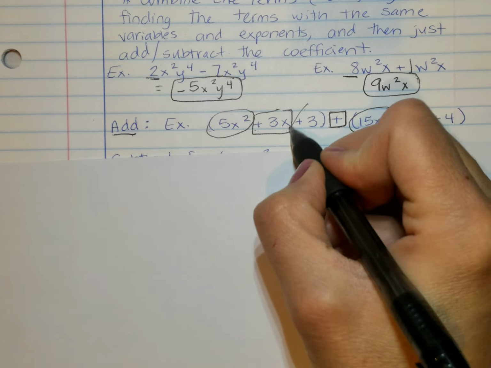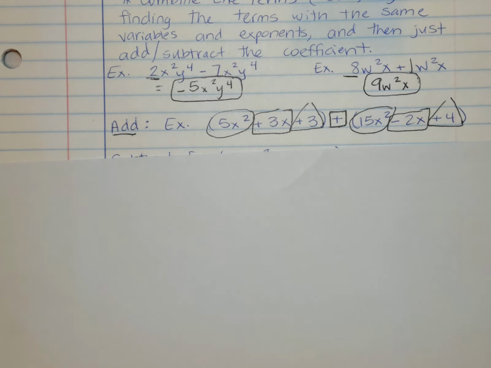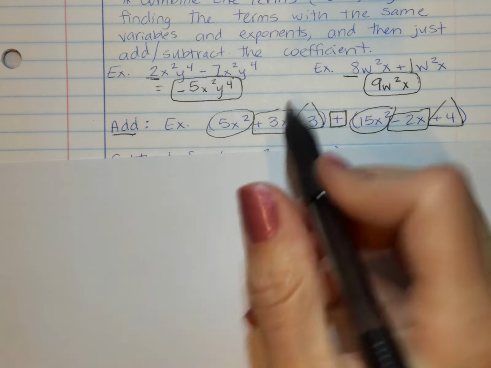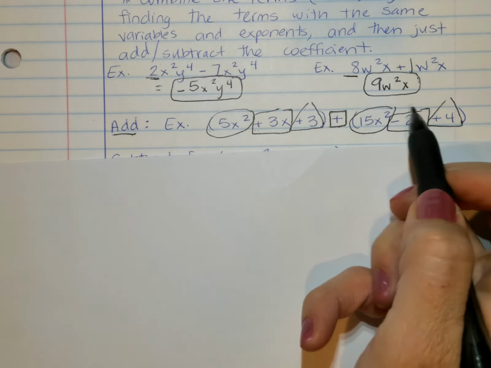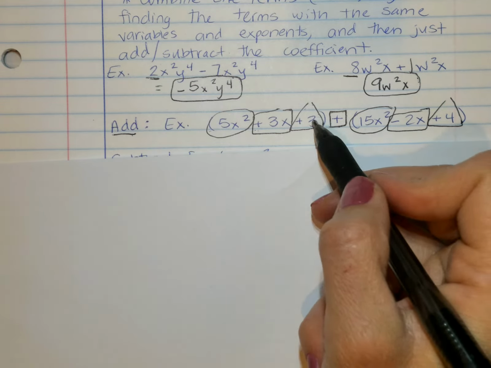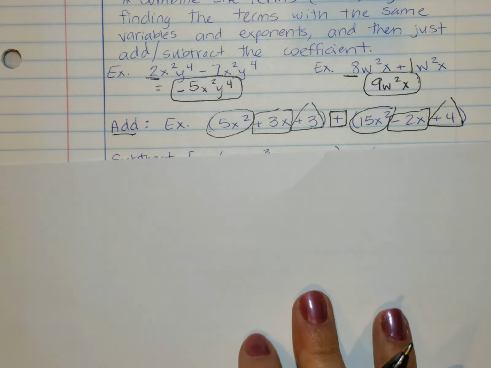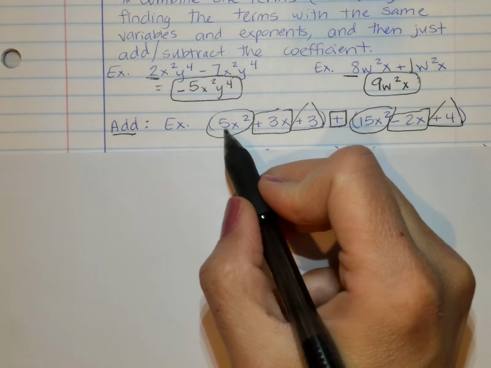And then I can pick another shape like a triangle around the last term. There's other ways to identify. You can use different colors of highlighter and highlight them the same. x squared and x squared could be yellow, and then maybe a pink for the x terms, and then maybe an orange or a green or something else for just the numbers. There's a lot of different ways to do that. But anyways, when you combine them, all you do is add or subtract the coefficients.